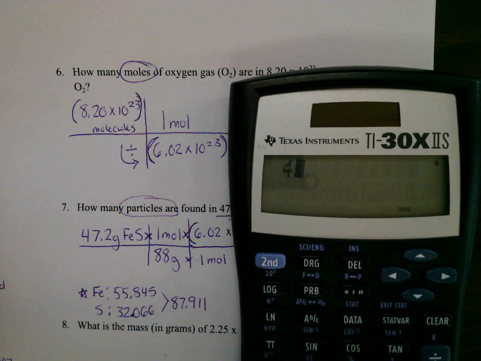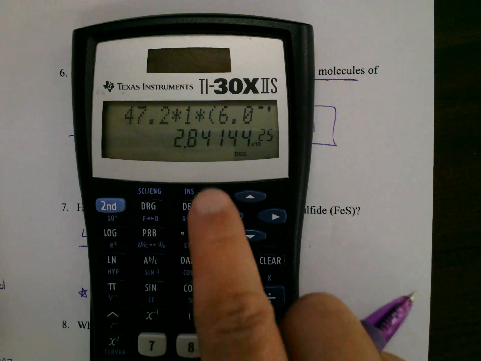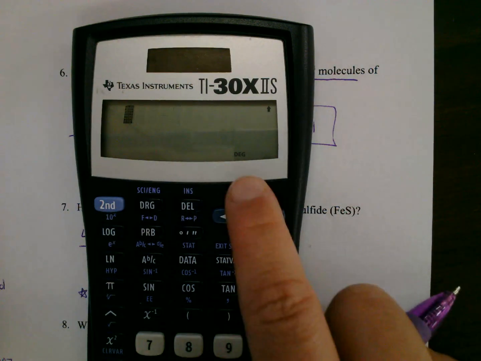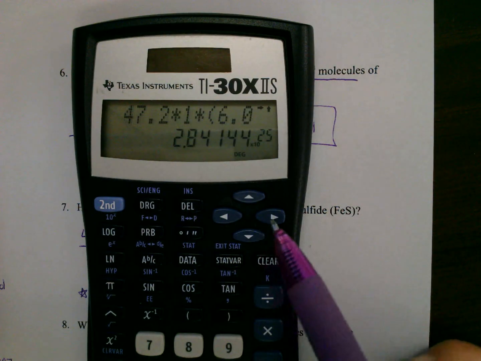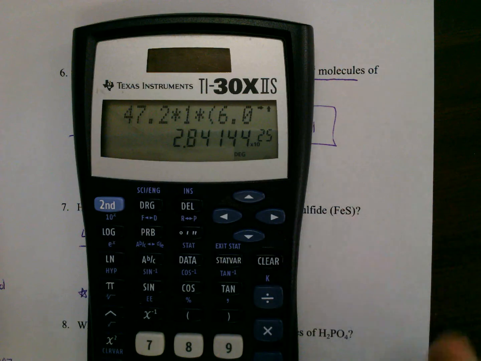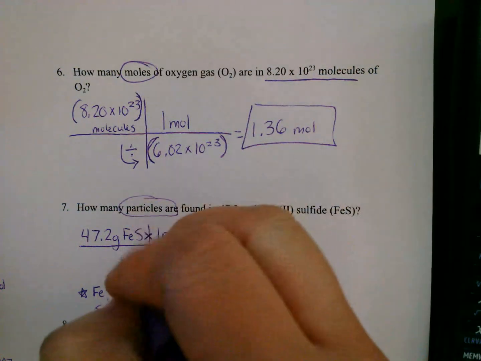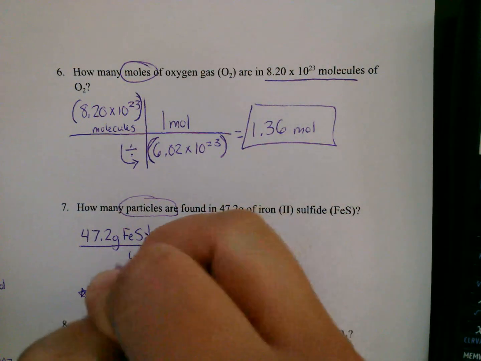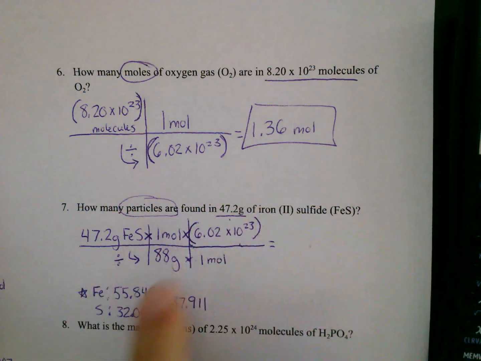So on the top row, we got 47.2 times 1 times parentheses 6.02 times 10 with a caret 23. Close that parentheses. That's 2.841444 times 10 to the 25. But then I still need to divide by 88.